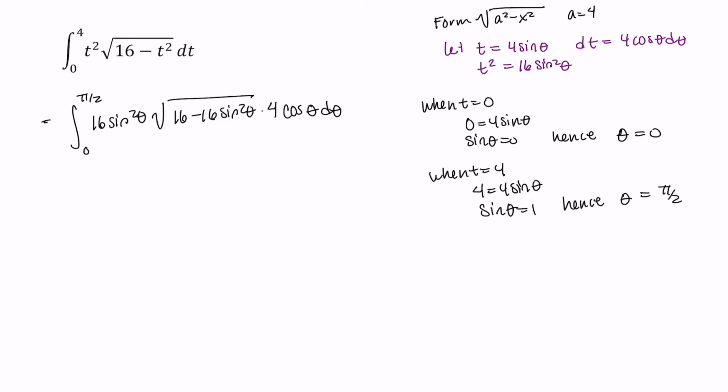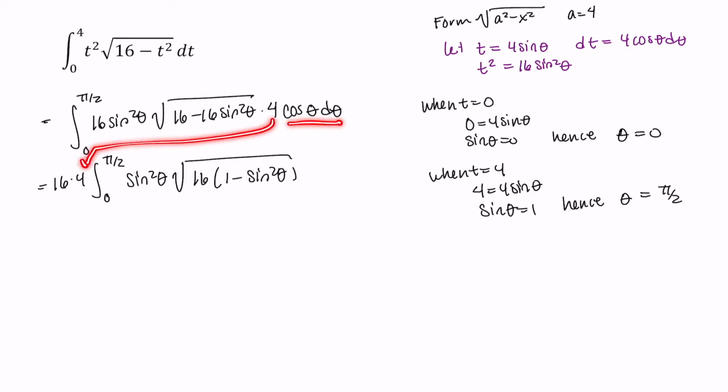Now let's clean a lot up here. In front I have a 16 times 4 times the integral from 0 to pi over 2 of sine squared theta. Inside my radical I can factor out a 16 from each term, and I'm left with 1 minus sine squared theta. And then at the end I'm going to continue to multiply by cosine theta d theta, since this 4 already came out to the front.